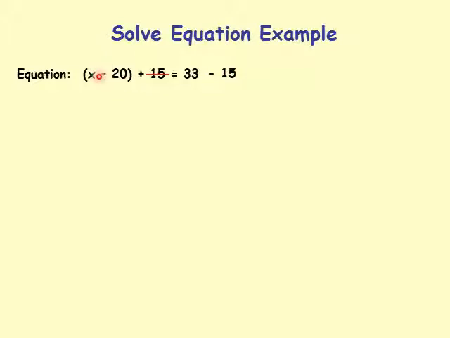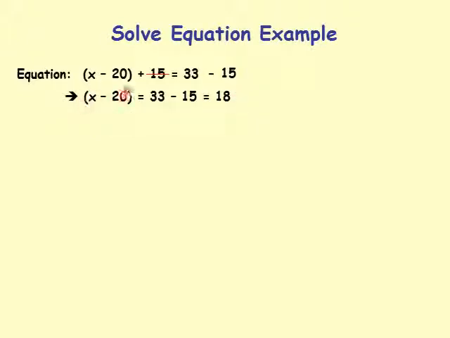And now on the left I have x minus 20, which I need to move to the right. So far we have x minus 20 equals 33 minus 15, which is 18.